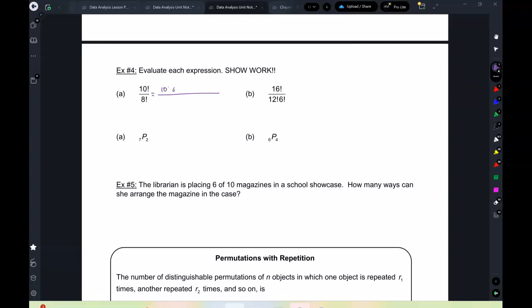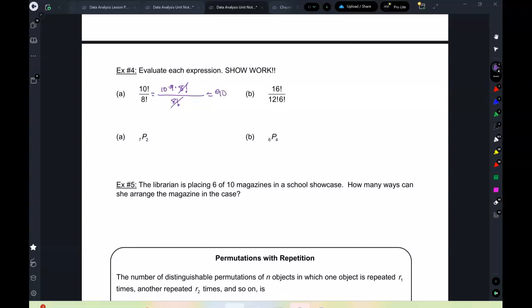So this is 10 times 9 times the rest of this, which will be 8 factorial, correct? Over 8 factorial, these two go away. This is just 90.